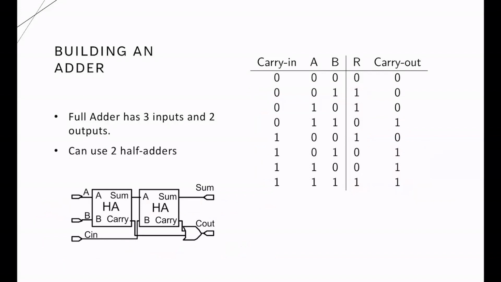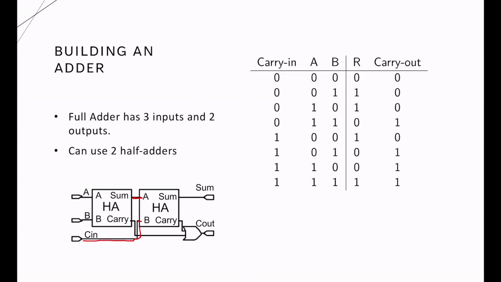If you just use 2 half adders, you have A and B here, and then you get the outputs, and then you add the carry in later. So you can just use 2 half adders, but it's just adding 2 at a time.